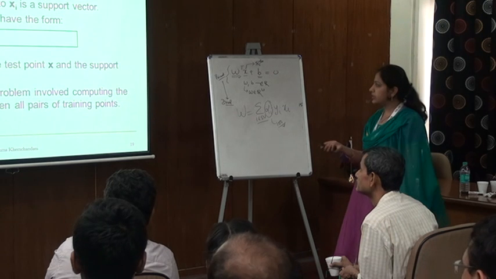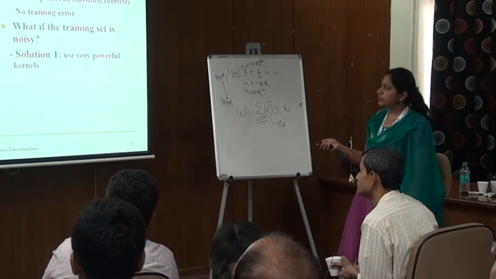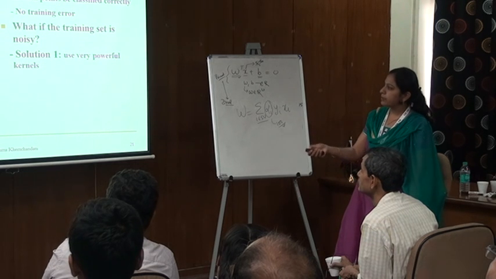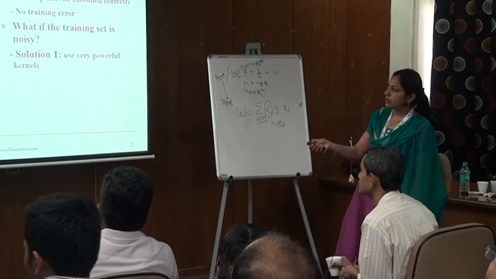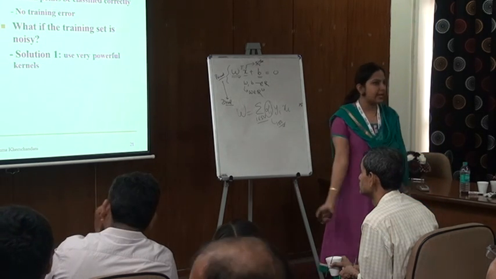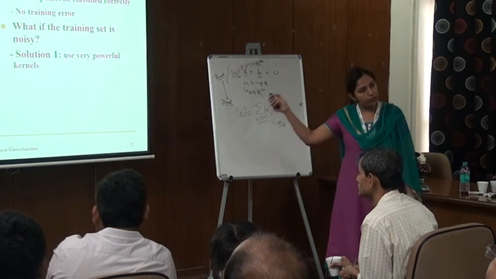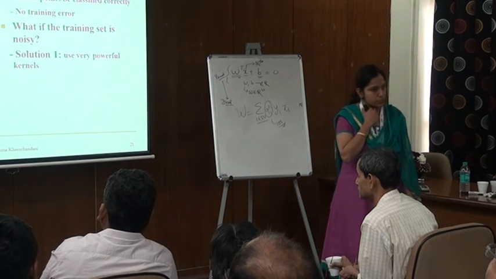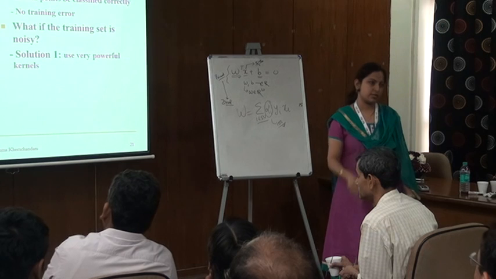In general, the data has noise. In that case, if I try to solve that problem, I am unable to get a solution. The problem will say no solution exists.